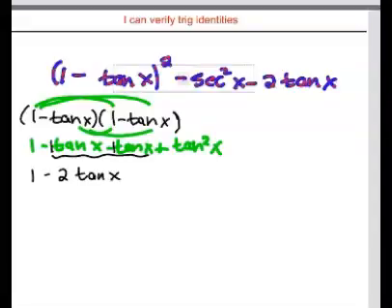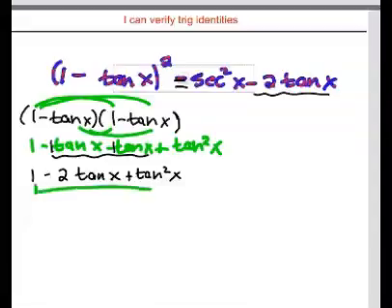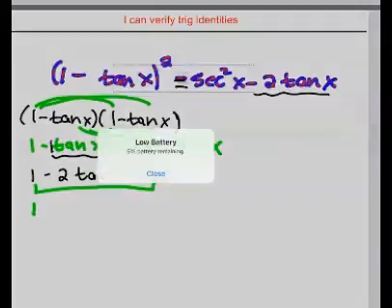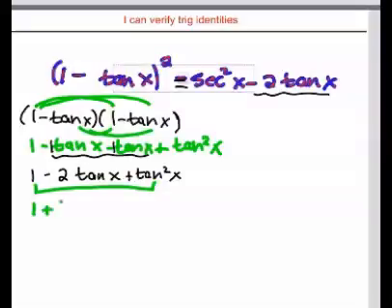Okay, so I like that because if I look at the right side, I notice there is a -2 tan. So it's like, okay, that's looking pretty good. So now I'm going to keep that. I just want to think, how can I get secant squared? Well, I notice that I've got these two, and that looks like it might be an identity. So if I go 1 plus tan squared, and then this is still minus 2 tan of x.